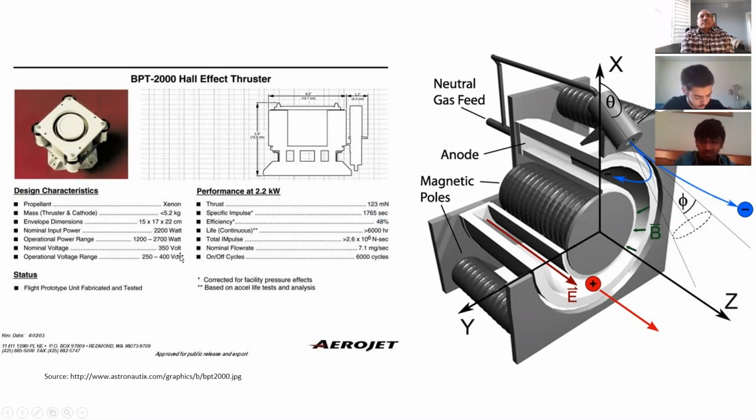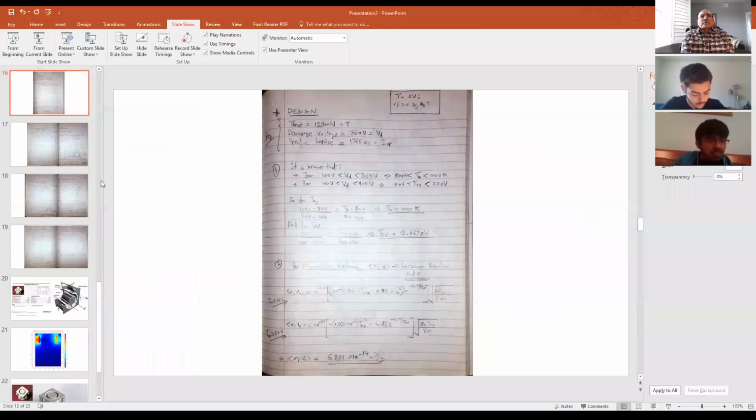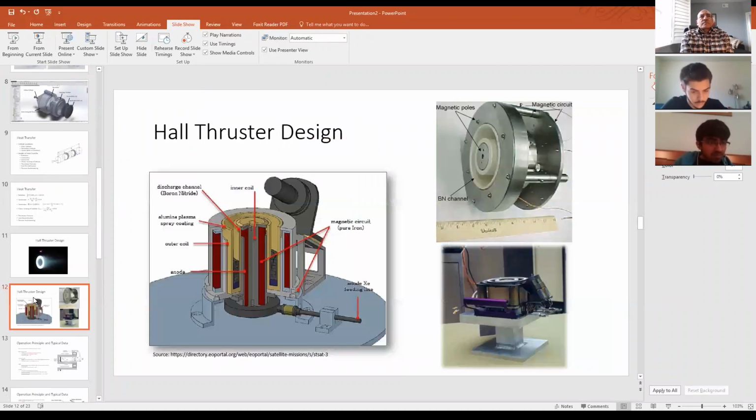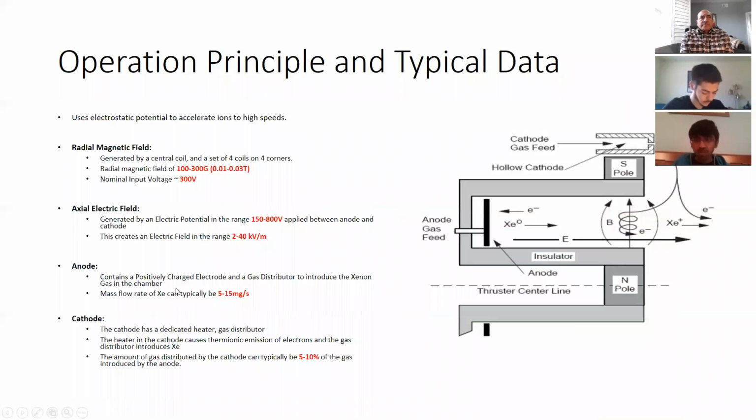So let's get back to this. The nominal input voltage for Hall thrusters is generally about 300, 400. It depends. In our case, the one that I was trying to model is 350.